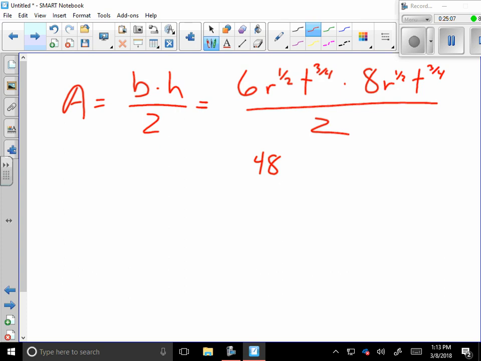R to the half times R to the half. A half plus a half is a whole, so we're just left with plain old R to the first. T to the 3/4 times T to the 3/4. We add the 3/4s together, we get 6/4, also known as 3 halves. So 48 R T to the 3 halves over 2.